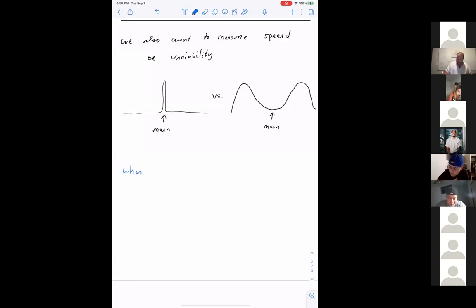So when using the mean, always use the standard deviation, shortened as STDEV, as your measure of variability.